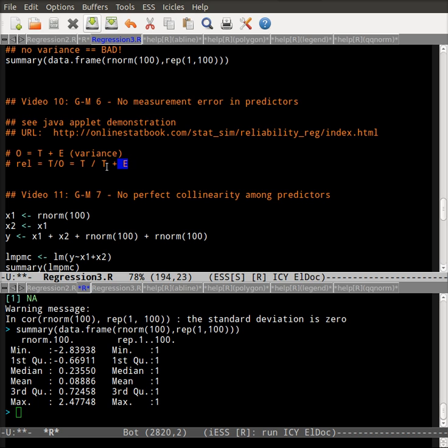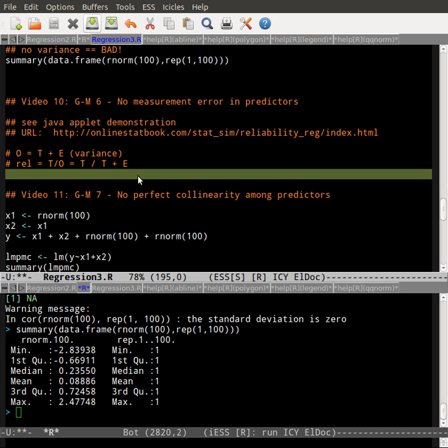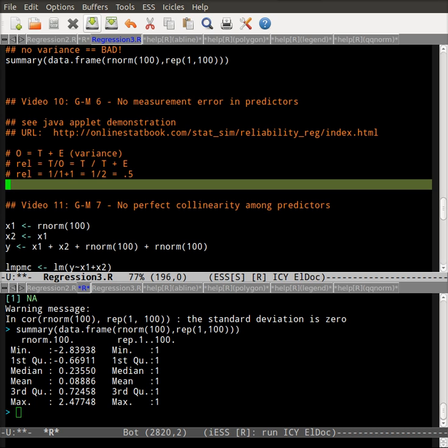So if I have one part true score and one part error, that would be this. And when I increase the error variance, I'm decreasing the reliability.